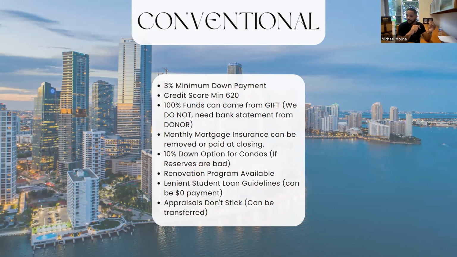If that gift donor sends the money to the client before, and the client's under contract, the underwriter is going to see that large deposit, and now the underwriter has to trace that large deposit. Okay. So it's very important, whether it's FHA or conventional, to make sure that the gift donor gives that gift at closing and not at any time before, because things do get messy. Then there's a lot of paperwork that goes into it. Right now we have to trace that money back to the other person's account.